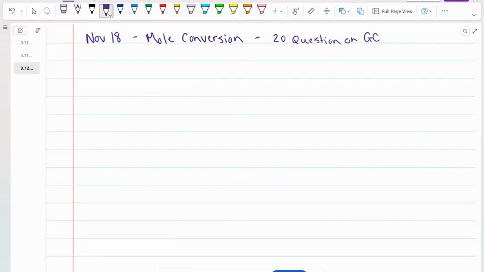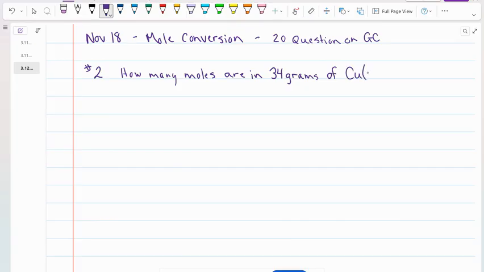Okay, so I'm going to look at question number 2 for you, and we're going to look at how we can go through these. So again, how many moles are in 34 grams of copper hydroxide?